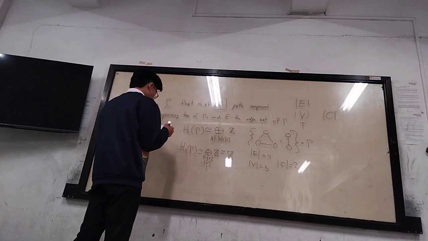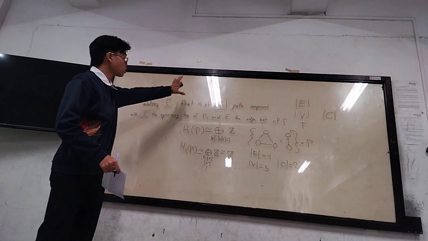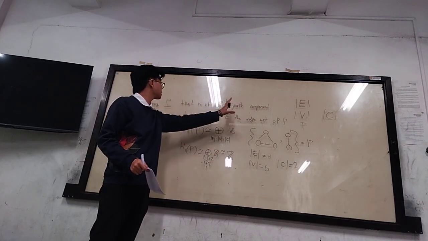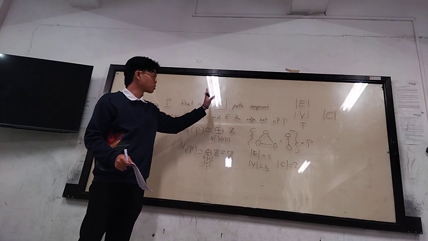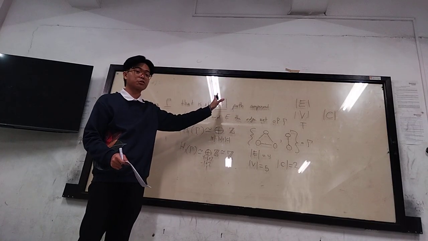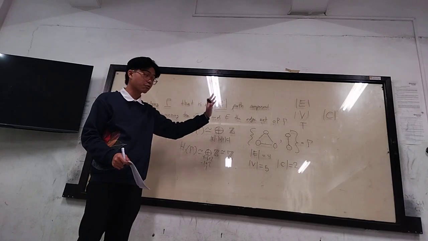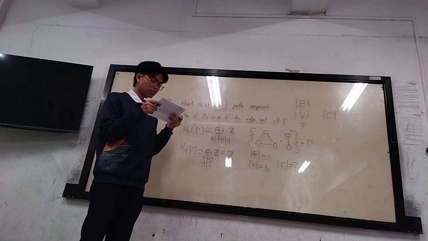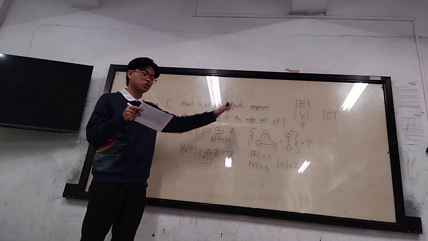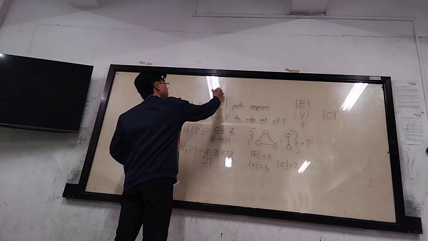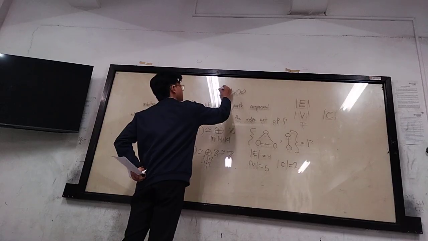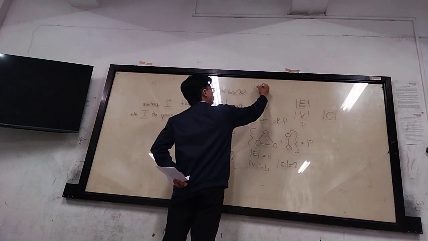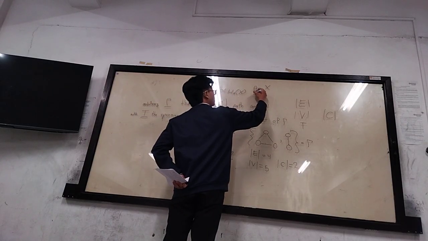So how about the zeroth homology group? For any connected space, so if my gamma has only 1 component, my zeroth homology group is just Z. This is the zeroth homology group of any X having only 1 component.